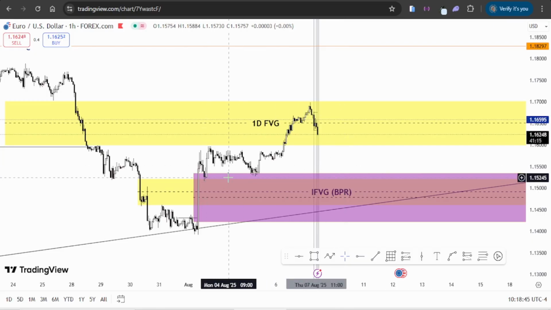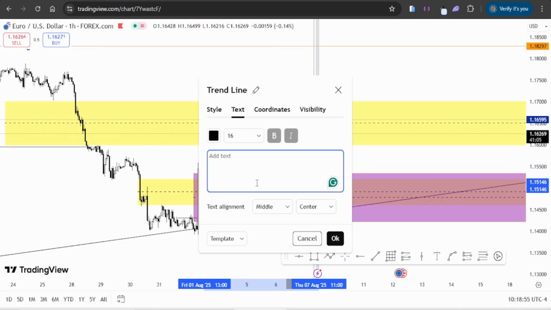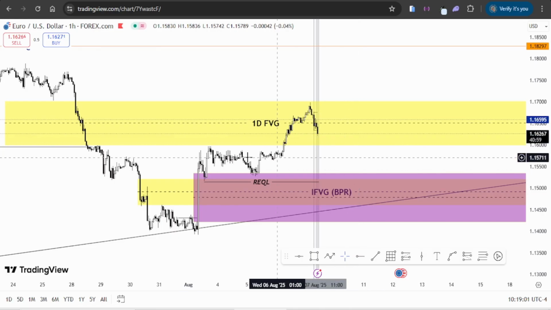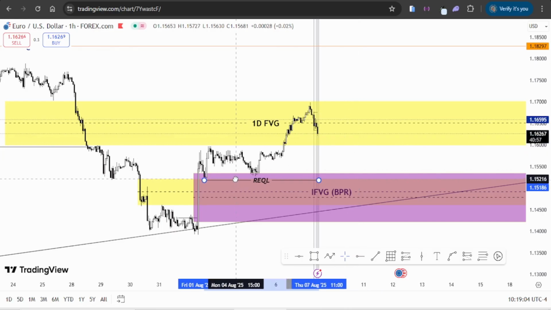All these places, they are all relative equal lows that price will still dig into. Price is still coming to take out this low.